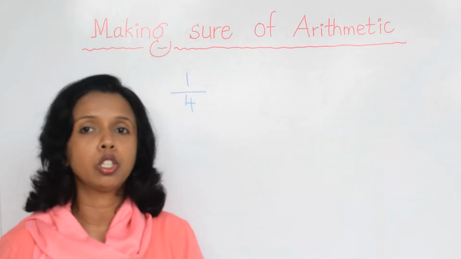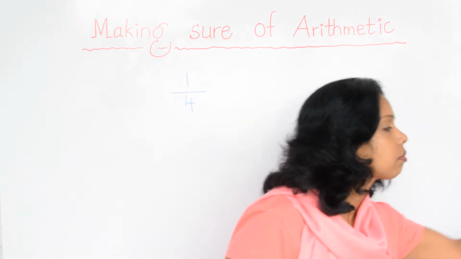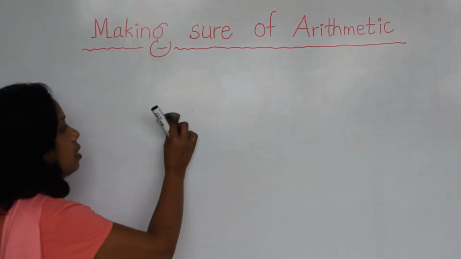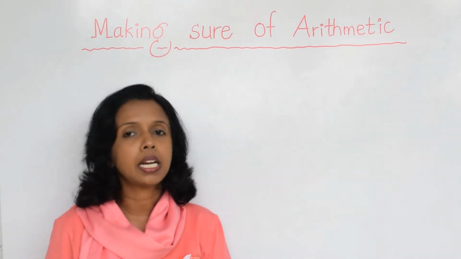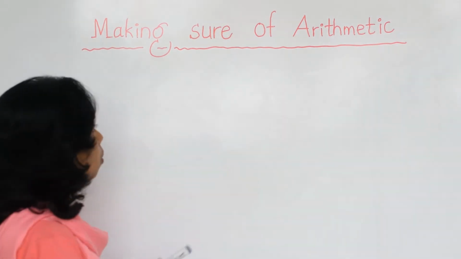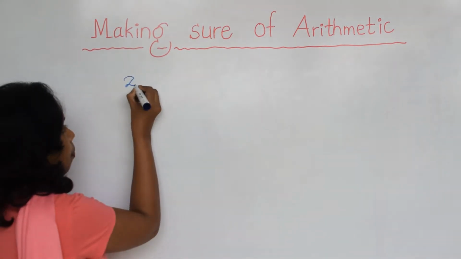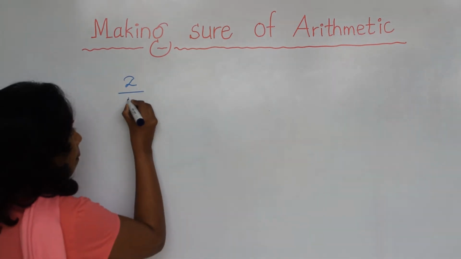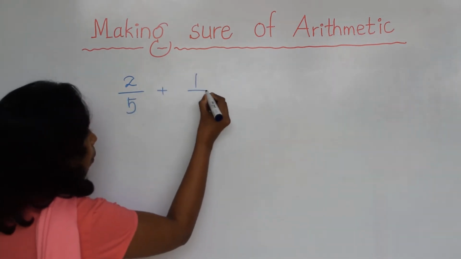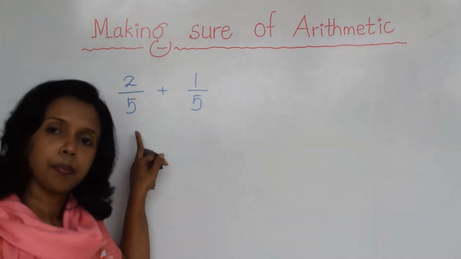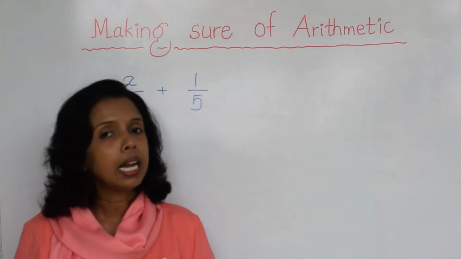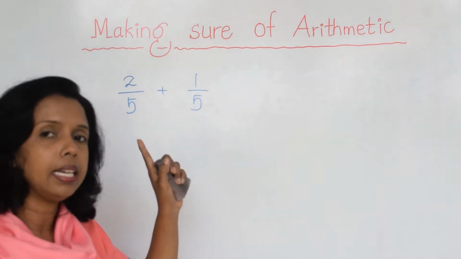And now we are going to learn about addition and subtraction of fractions. Now look at this. Okay, children, so 2 over 5 plus 1 over 5. I'll bring this sum like this.